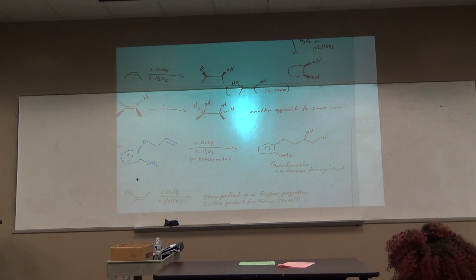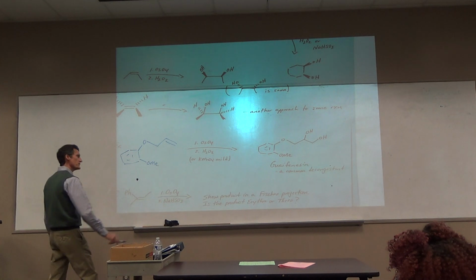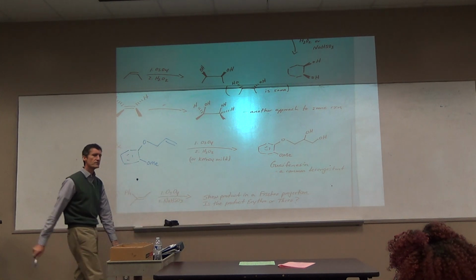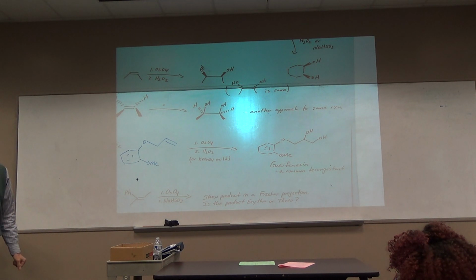We had that alkene. We reacted these reagents to give that diol. Yeah, there you go. And this is one way how you can make guaifenesin. And, you know, there's other oxidants that will do this. I doubt they're using osmium tetroxide on commercial scale.